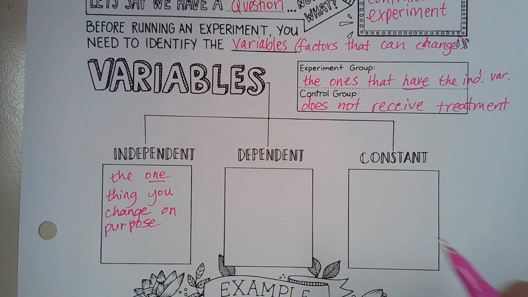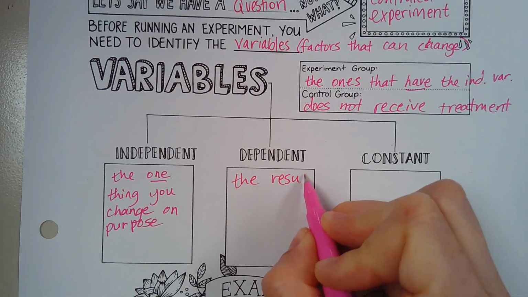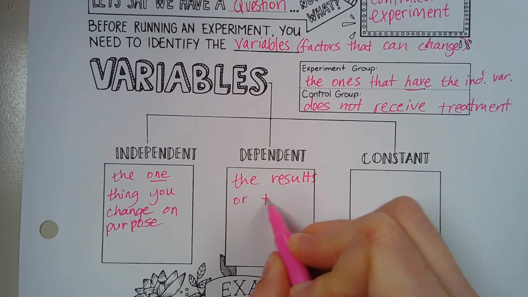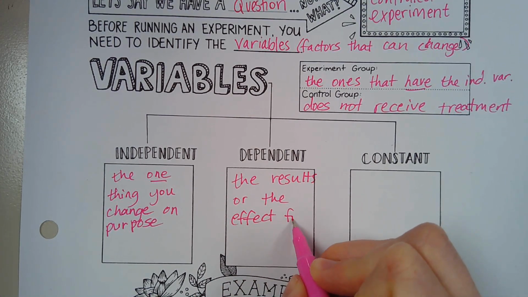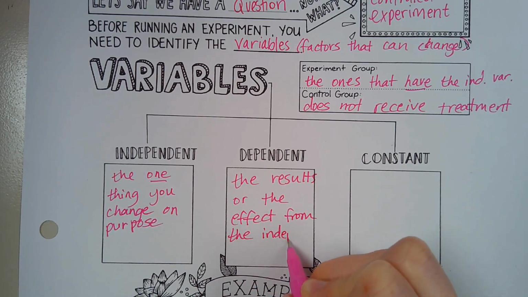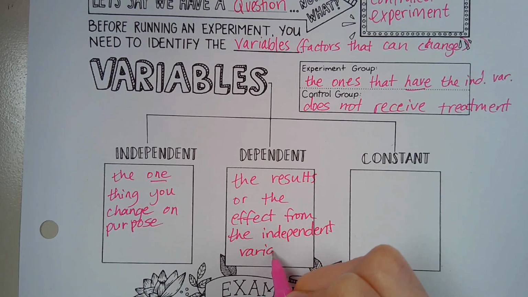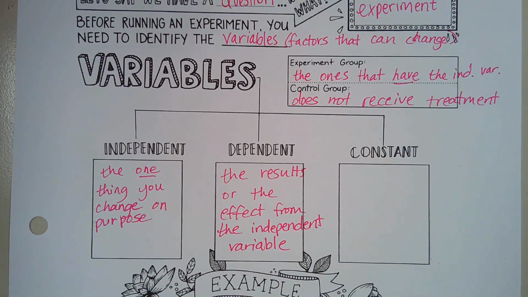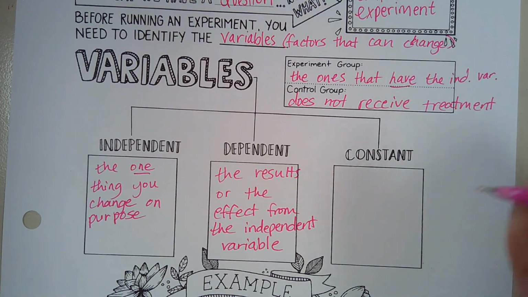Okay, the dependent variable would be the results or the effect from the independent variable. And then constant variables, there's many different constant variables.